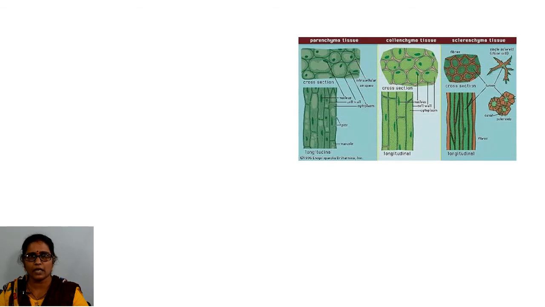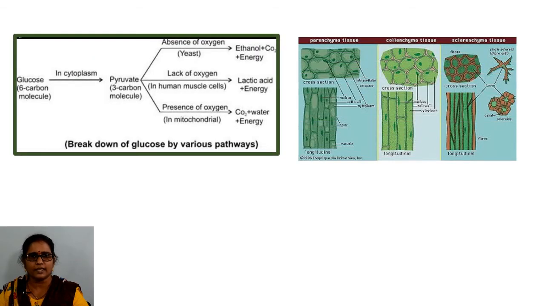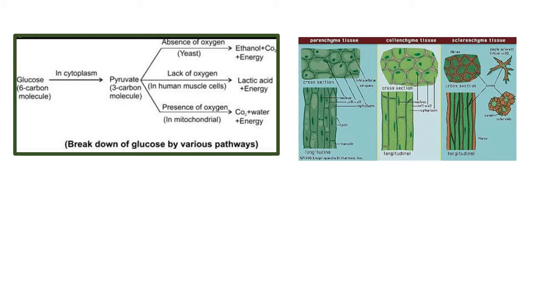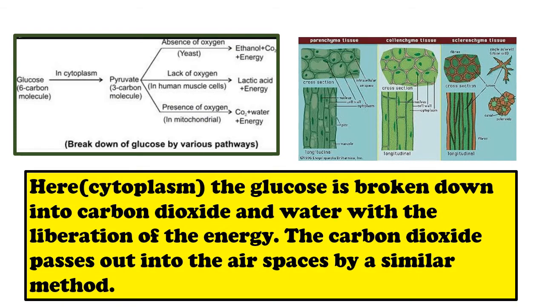Now once it reaches the various cells or the different kinds of tissues, the oxygen is then reacted with the glucose and it follows the aerobic pathway of respiration which we have learnt earlier, and as a result the carbon dioxide gas is produced along with some energy. This we have already learnt as cellular respiration. So here the glucose is broken down into carbon dioxide and water with the liberation of energy, and that carbon dioxide again passes out into the air spaces by a similar method.